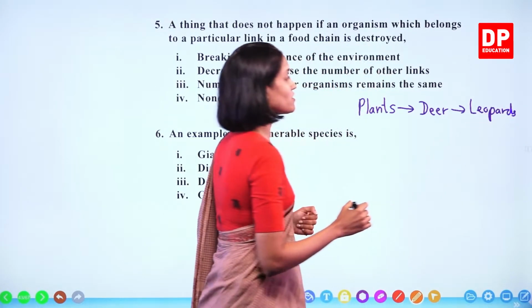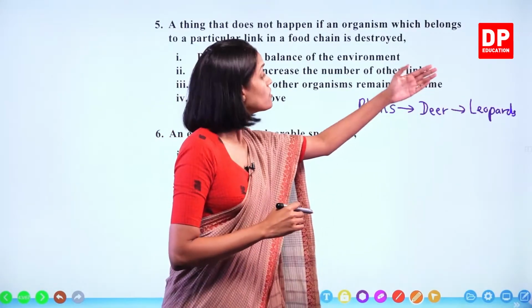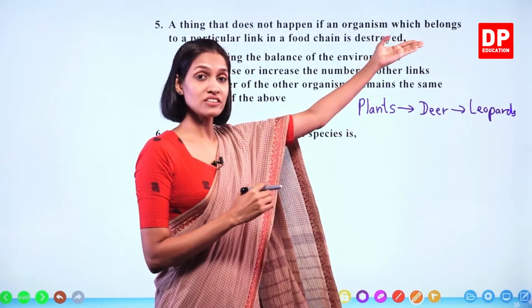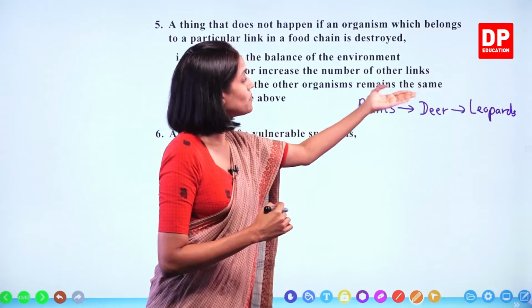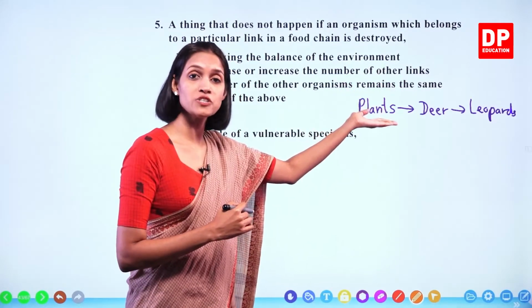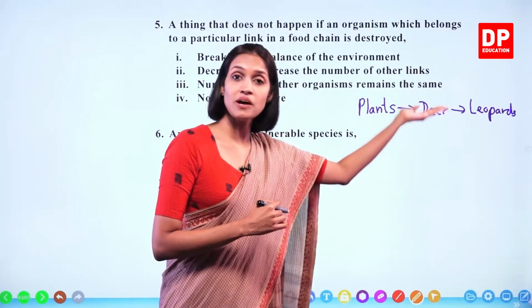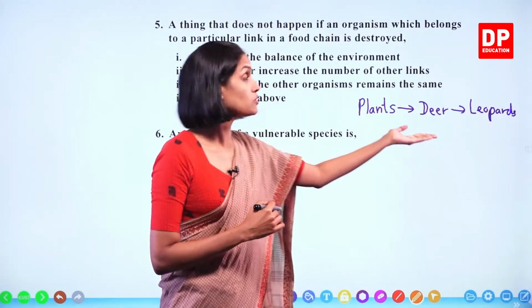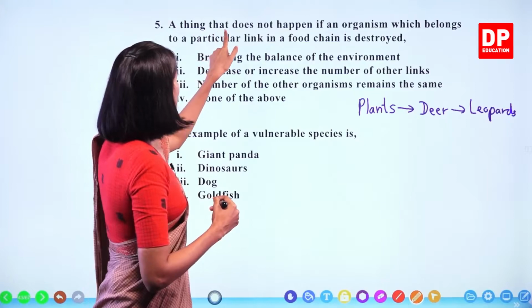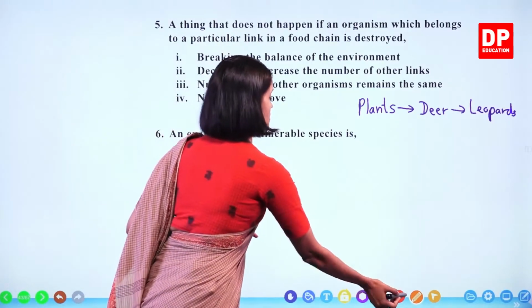So we learned that when all the leopards die, first the number of deer will increase, and then what will happen? The present amount of plants will not be enough for all the deer, therefore then the number of deer will reduce. Okay?